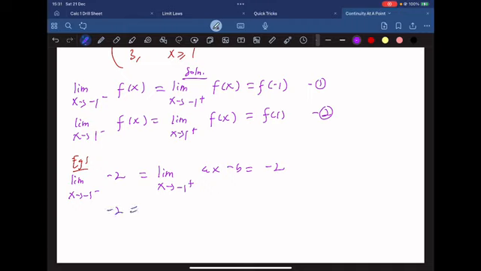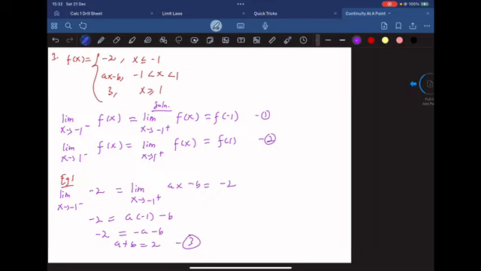If we put in negative 1, wherever we see x, we have a times minus 1 minus b. So this is minus 2 equal to minus a minus b. If we divide through by negative, then we have a plus b is equal to 2. This now becomes our equation 3.